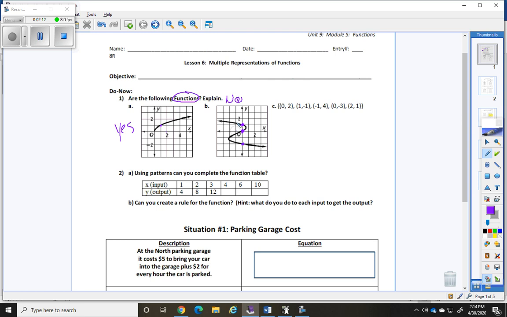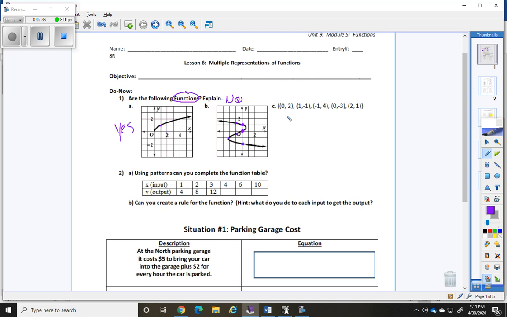The input of 1 also has 3 different outputs. I can't exactly read what they are, but there's 3 of them. Maybe the input someplace over here of about negative 2 and change has 2 outputs. I know that some of the inputs only have one output, but in order for a whole graph to be considered a function, every input can only have one output.